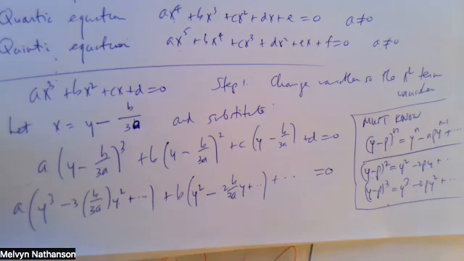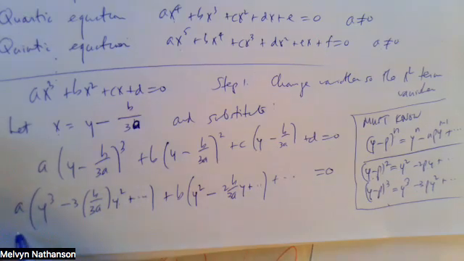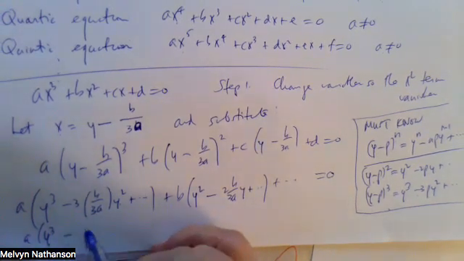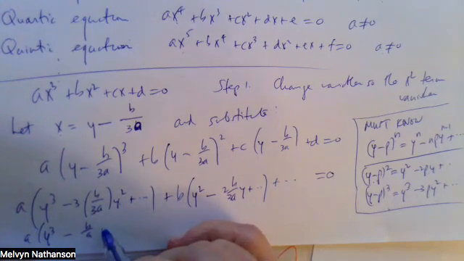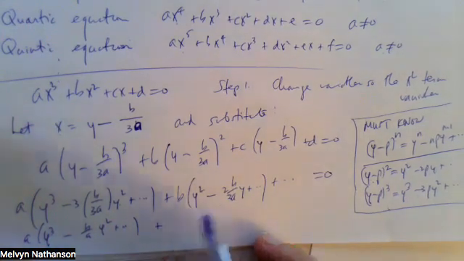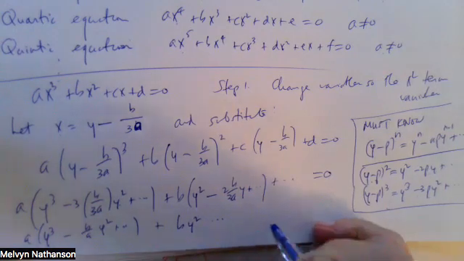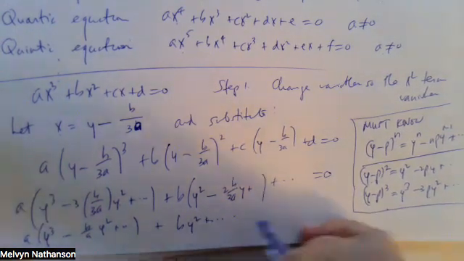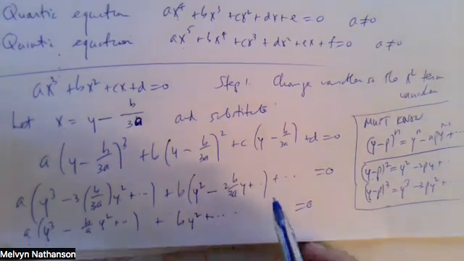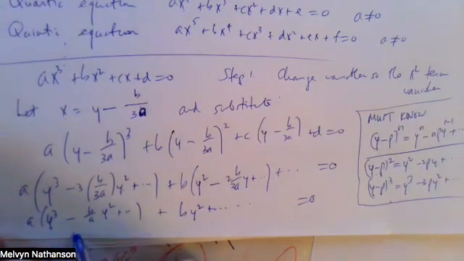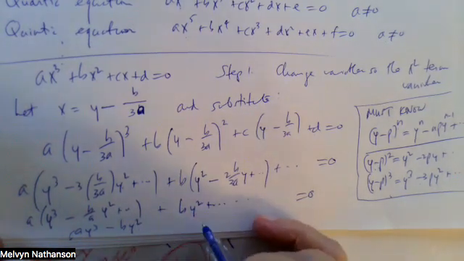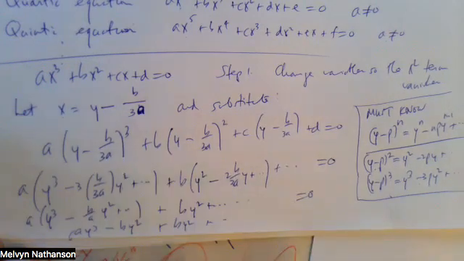I do it because it's going to work. Because if you look at this, when I cross multiply, let's say this is a y cubed, the 3's cancel, minus b over a y squared plus other stuff. Here I have b y squared and other stuff, but this other stuff only involves constants or y. There's no more y squared. And when I multiply, what do I get here? I get a y cubed. Here the a's cancel, minus b y squared plus b y squared plus other stuff.